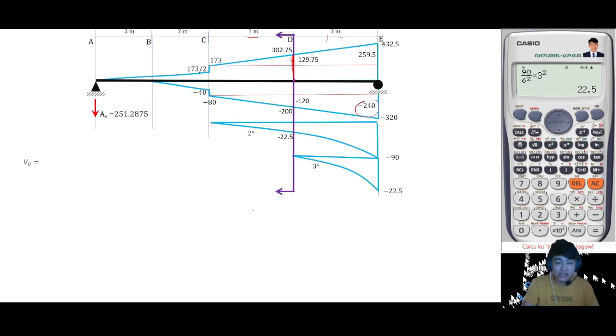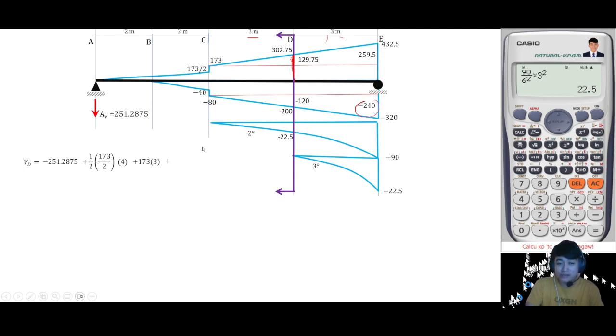Let's now get the shear at point D. Take note, the shear at point D is equal to the slope at point D of the real beam. So let's calculate. Downward is negative. Triangular load, positive: 1/2 of 173 over 2 times 4. Rectangular load, 173 times 3.